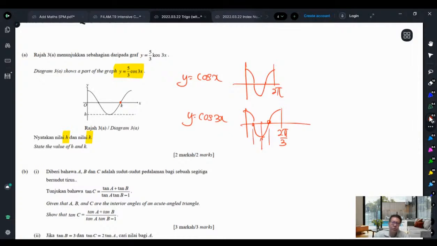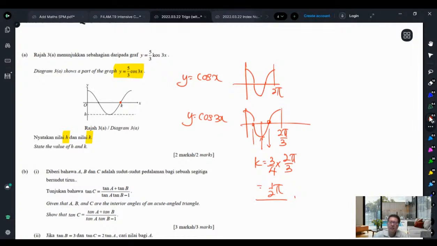This is half. This K equals 3/4 of 2 pi over 3. That is half pi. Half pi. Or if you press the calculator, you will get the answer in decimal, 4 significant figures or 3 decimal places.